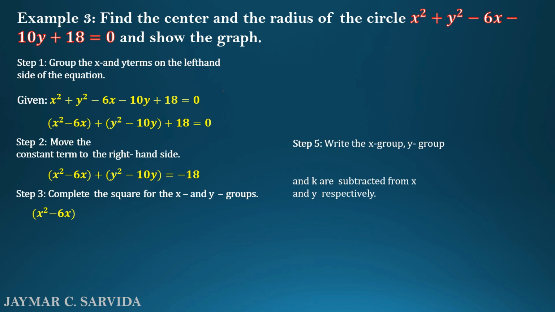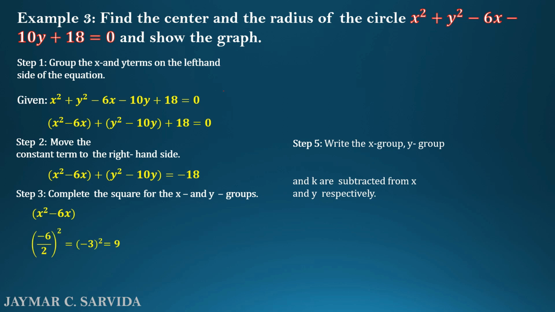Ayan, so x squared minus 6x, unahin natin yung x group. Okay, so, di ba kapag kukumpletuhin na natin siya, complete the square for the x group, okay, take the coefficient of the x term, then divide by 2 and square the result. Okay, so let's proceed. Ayan.